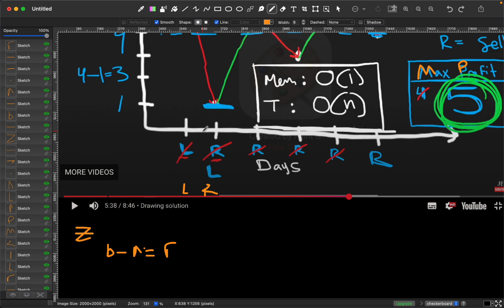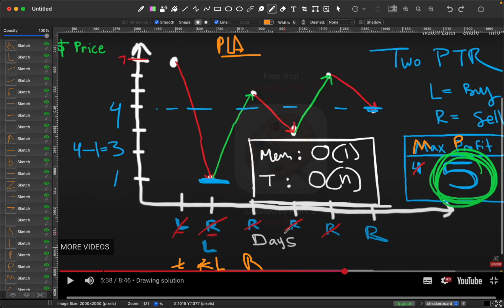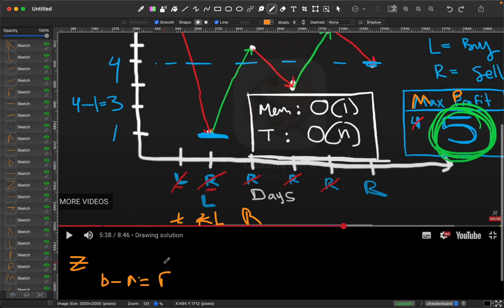Intuitively you're not going to use it, and now the question is where do you want to start your L over here? Obviously, intuitively speaking, you want to start at the lower range. So you remove the L, plant it over here, shift everything over towards the right side, and then you do the Z operation again.